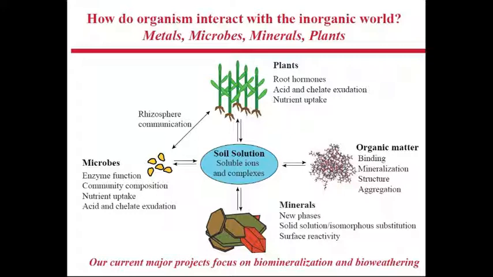There's also organic matter from the plants and microbes, which helps hold the minerals together, as well as providing other nutrients. So there's a really complicated web of interactions between these players, and we're really interested in how this web works, what it does to metal ions, and what its consequences are for the environment.